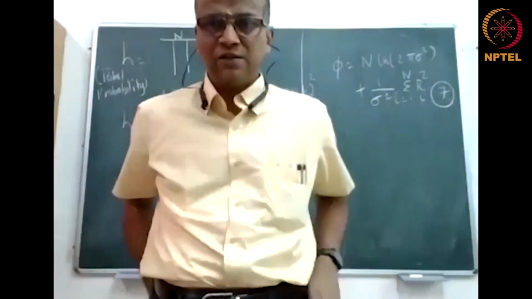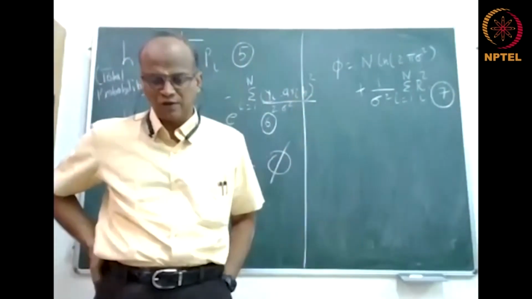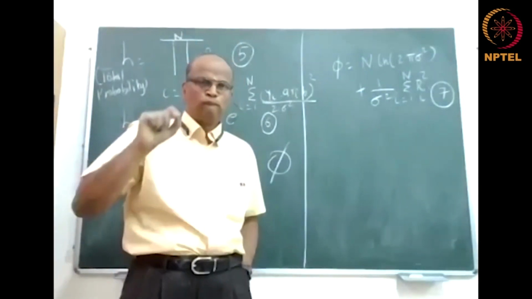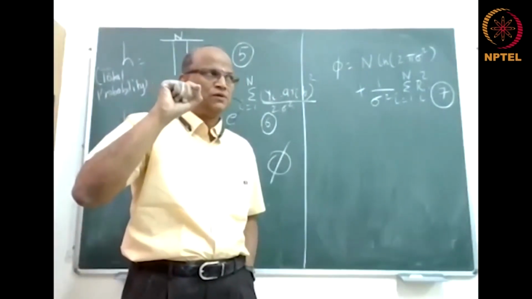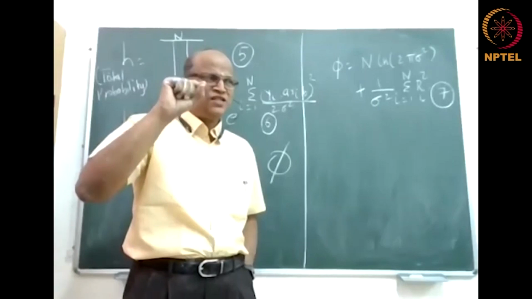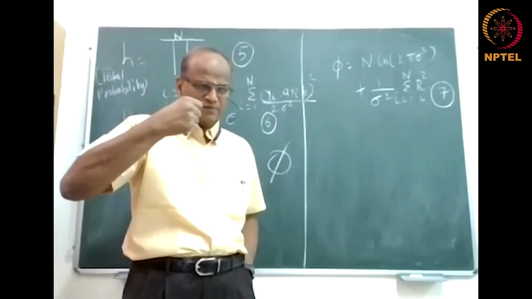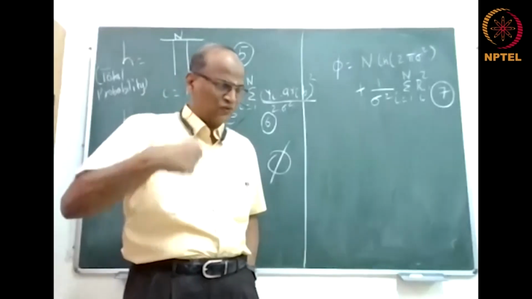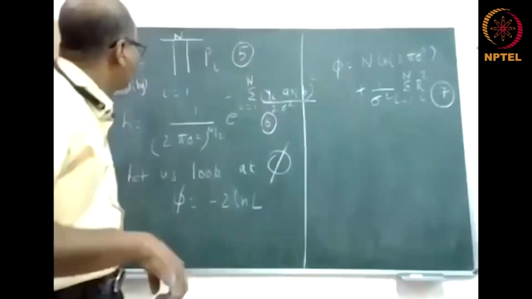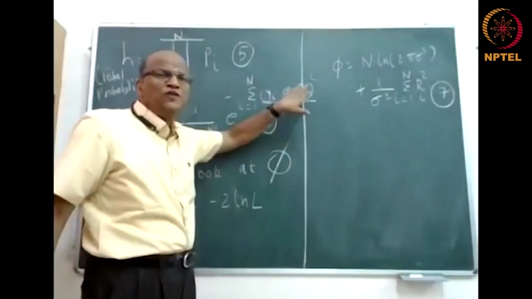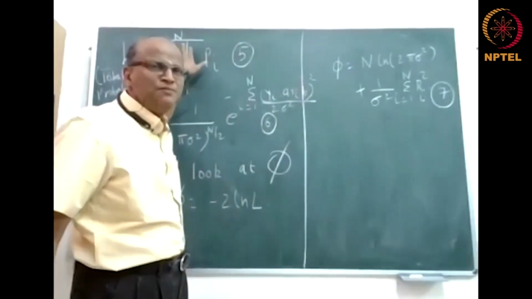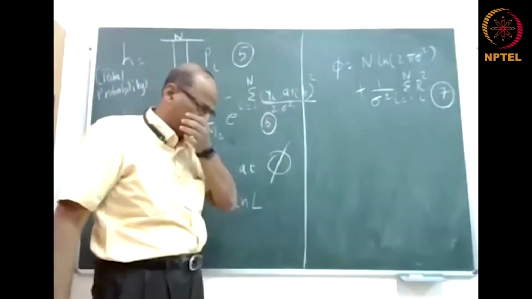Now what's the argument? The question Carl Gauss posed to himself was, what should be the value of A and B which will maximize the total probability L?